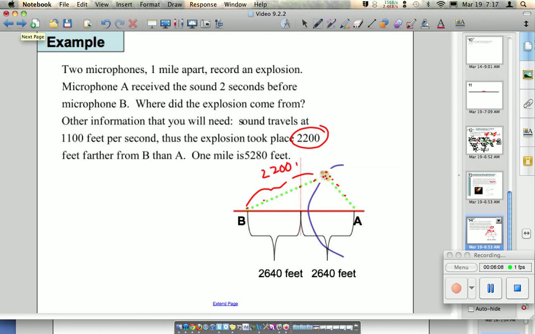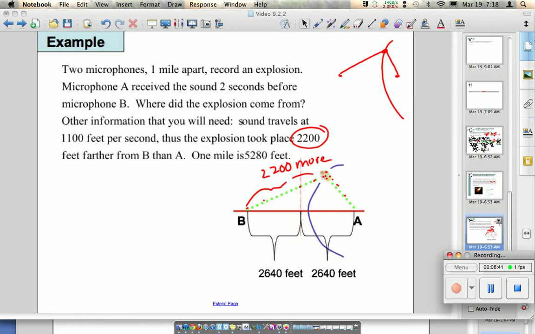Remember, your definition of a hyperbola is where the difference between the two distances is constant. No matter where we put this explosion on this hyperbola, I'm sorry, not equidistant, the difference of the two distances is constant. And in this case, our difference is always 2,200.